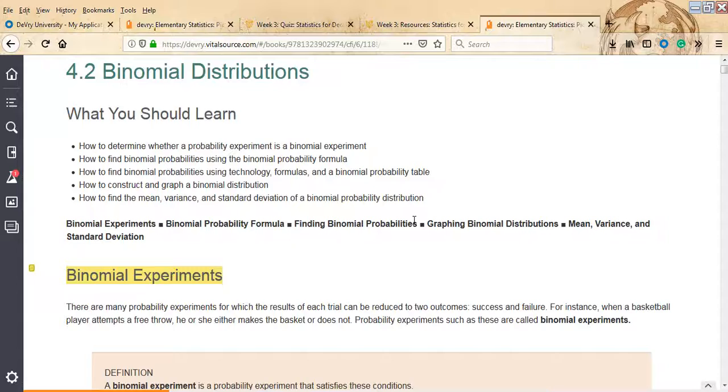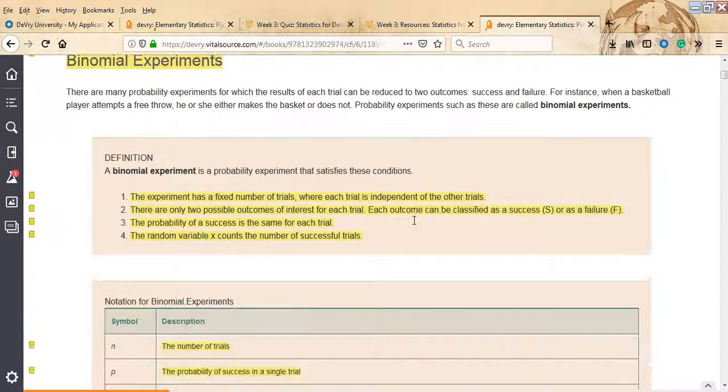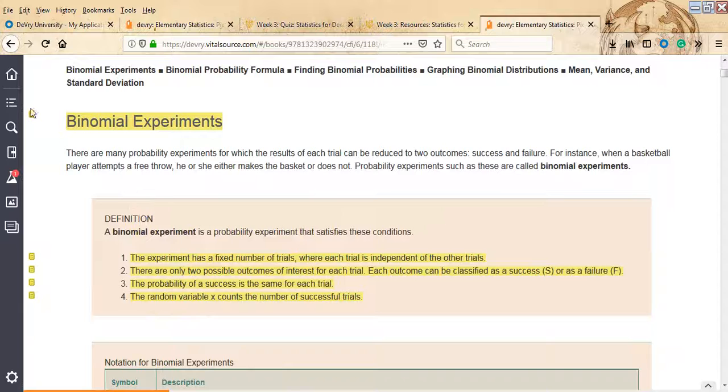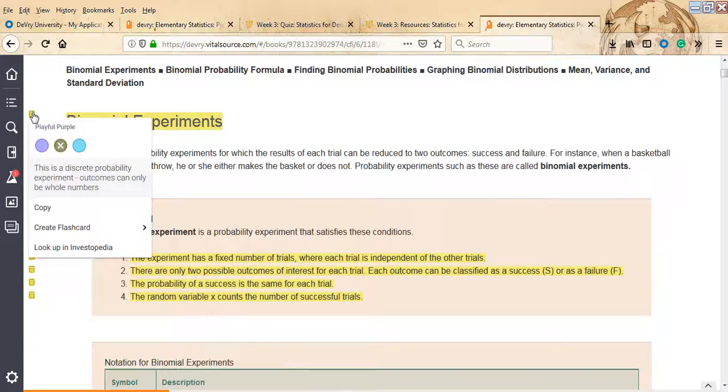So we've got binomial experiments here. I've highlighted some of this and made some comments. In binomial experiments, understand that this is a discrete probability experiment. And remember what that means, discrete versus continuous. With discrete, the outcomes can only be whole numbers, or they can be counted, whereas continuous numbers are a range of numbers in decimal points, and there is no clear distinction as you move from one to the next.